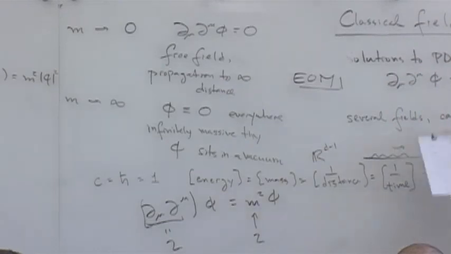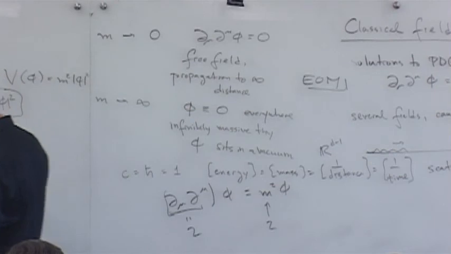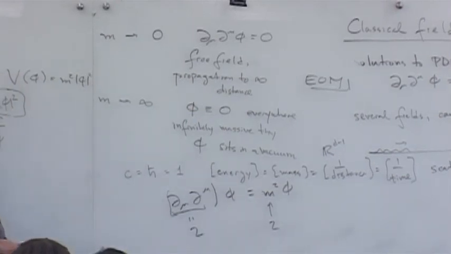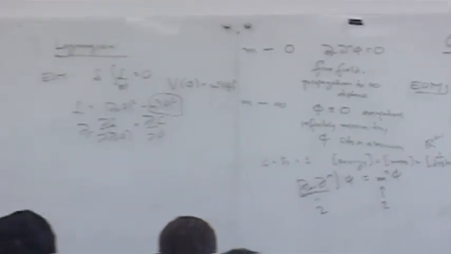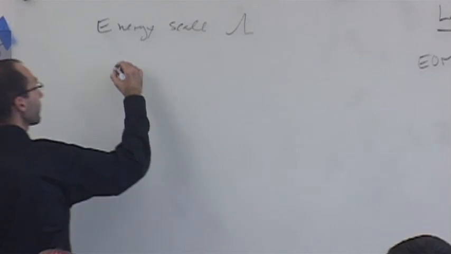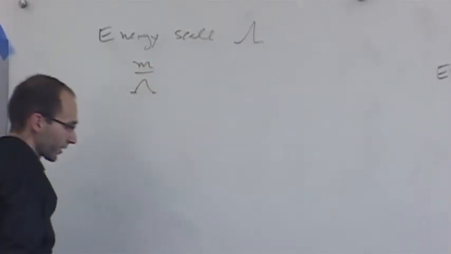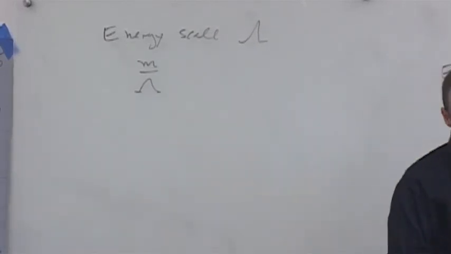So a better way to describe this vanishing of degrees of freedom is to introduce an energy scale, capital Lambda. Since energy and mass have the same dimension, I can consider a dimensionless quantity, m over Lambda, which is actually a number.